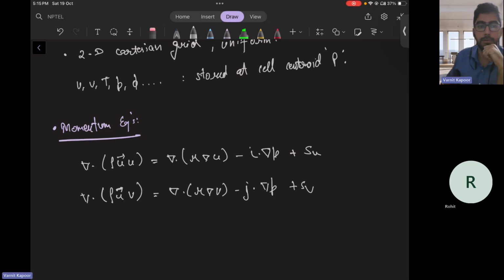So these are the two momentum equations.